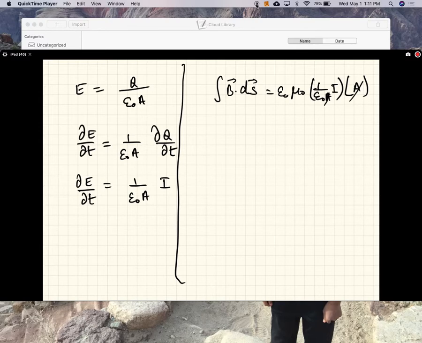So B times 2 pi r is equal to epsilon naught mu naught. The epsilon naught cancels, so it's mu naught I. That's it. So the magnetic field is mu naught I over 2 pi r.